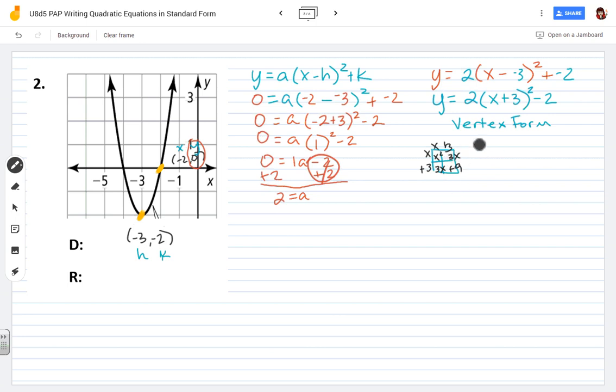Combining those like terms, we end up with y is equal to 2 times x squared plus 3x plus 3x is 6x plus 9, minus 2.